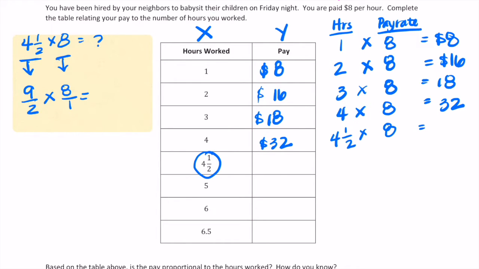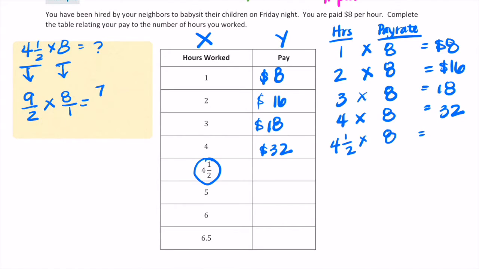And then multiplication is fairly simple. We just multiply across. 9 times 8 is 72 over 2 times 1 is 2. All right, and we need to simplify. And it comes to $36.